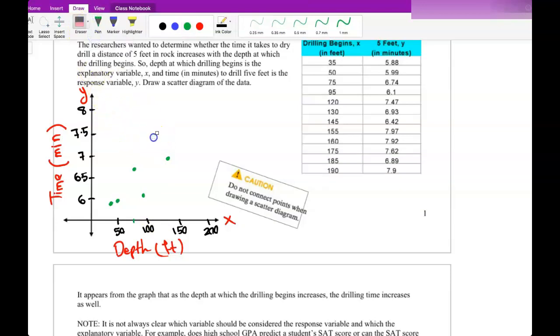Then 145, 6.42. 155, 7.97. 160, 7.92. 175, 7.62.